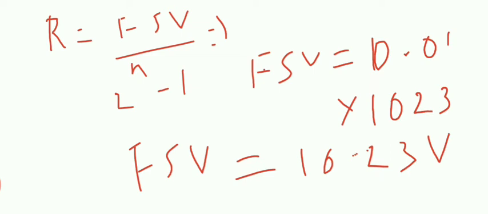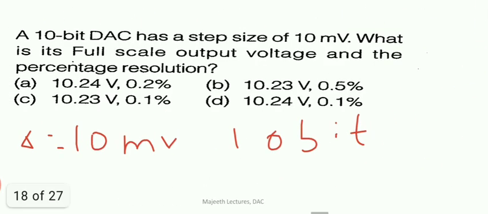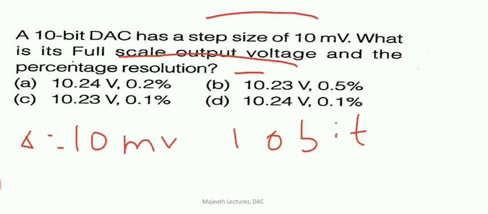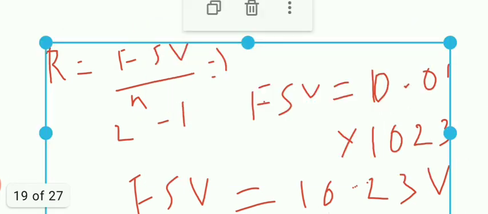Now what we have to find is, what is the percentage resolution? Percentage resolution means for a full scale voltage of 10.23, I have a resolution of 10 millivolt, right? That is what is given. So for full scale output of 10.23, I have a resolution or step size of 10 millivolt, that is 0.01. Then I have to find it for 100%.